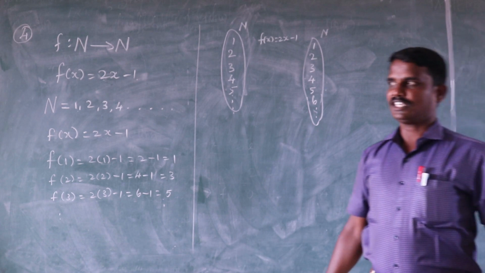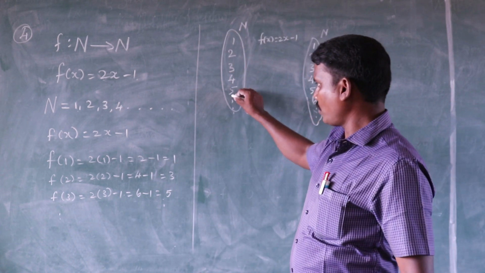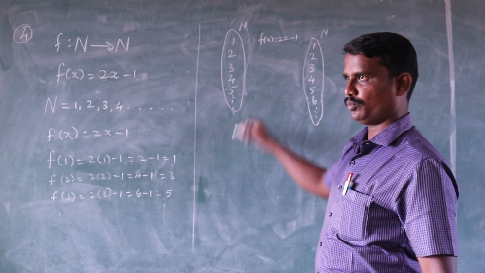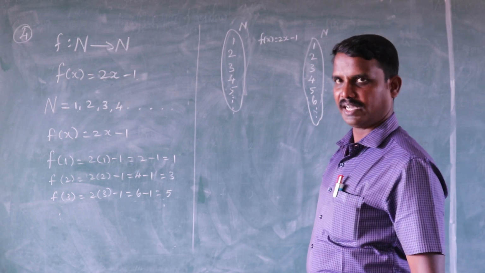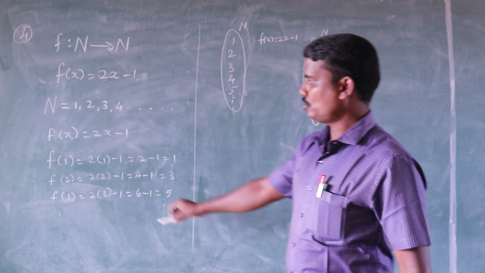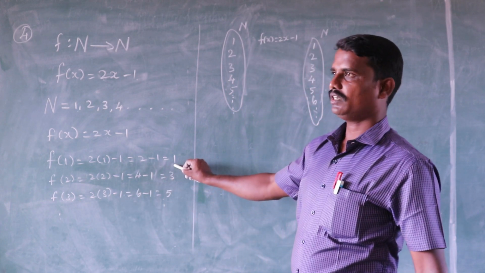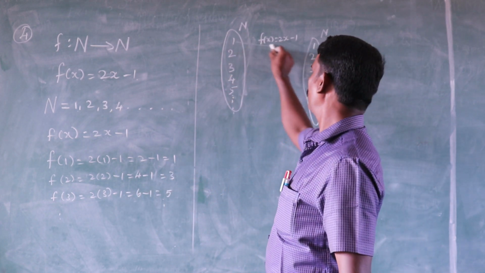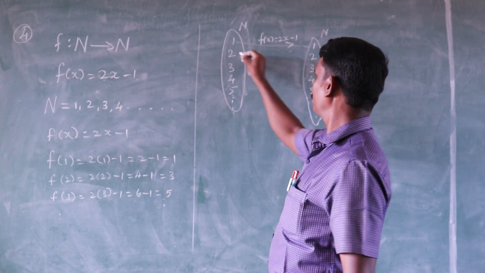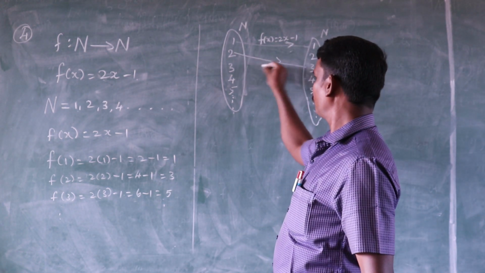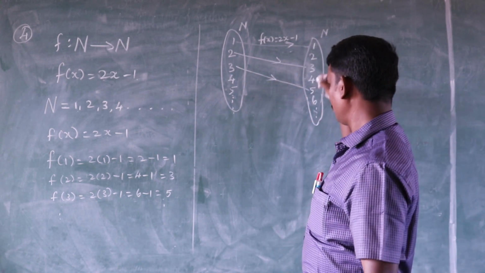It means natural numbers, there is no last n, so we cannot stop at 5 or 4. We can put some dots for the numbers. Okay. So in place of x we replace 1, its range value is also equal to 1, and 3, 5 like that and so on.